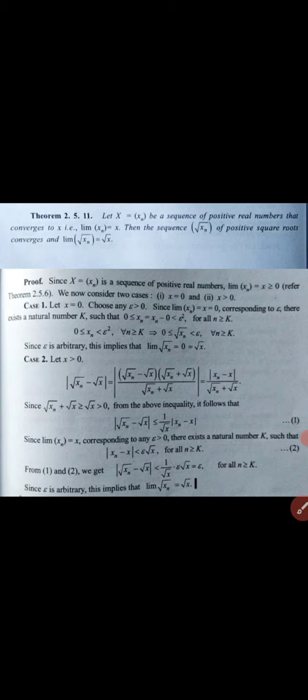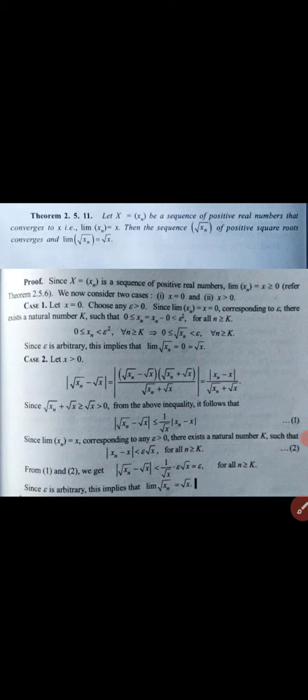So modulus of root xn minus root x would be equal to mod of root of xn minus root x into root of xn plus root x divided by root of xn plus root x. That is, we take the conjugate, which would be equal to mod of xn minus x divided by root of xn plus root x.